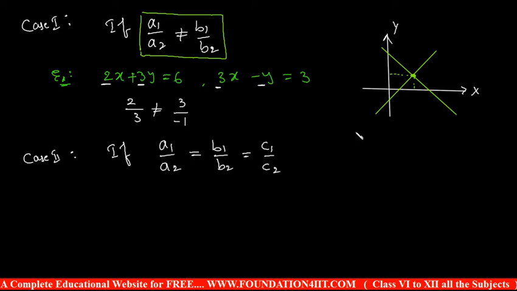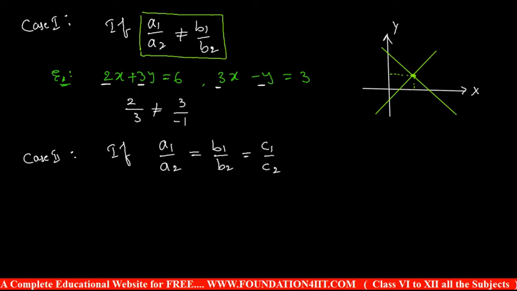That means on one line you get another line again. These are two linear equations. If you draw one straight line, for the second linear equation it is also the same, and on those points only you will get the other line. Then they have infinitely many solutions.